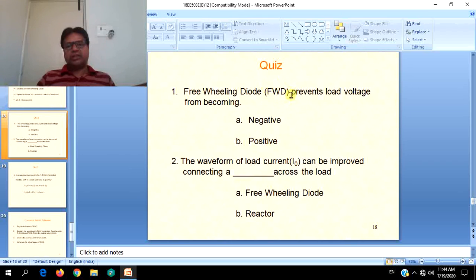Current flows in the same direction as the previous direction, and the chances of voltage becoming negative will be blocked. The waveform of load current I0 can be improved by connecting, whatever we have discussed, a freewheeling diode across the load.